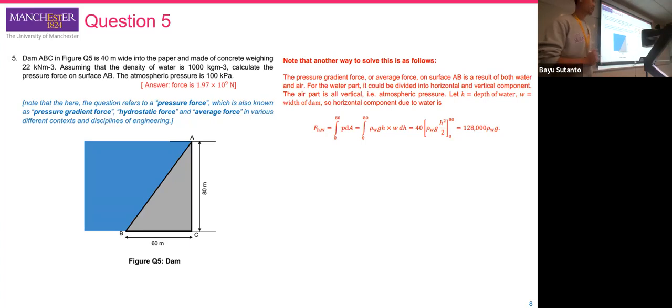by the single pressure. So there is another way that I will explain in these calculations. The pressure gradient force, or the atmospheric force on surface area, is the result of water and air, and for the water part, it could be divided into horizontal and vertical components.